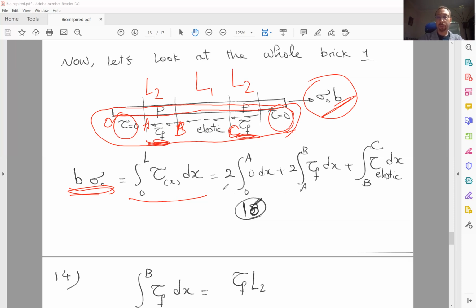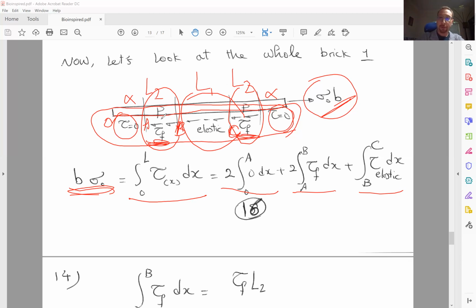So it's going to be 2 times the integral from O to A, because one is here, the other one is here. I have 2 times the integral from A to B, that's the plastic region. One is here, the other one is here. And we have the elastic region, which is here. Although it's symmetric, we just consider it as one integral.